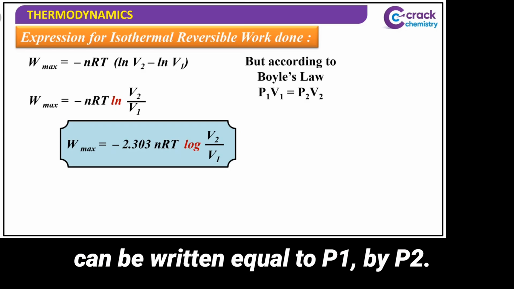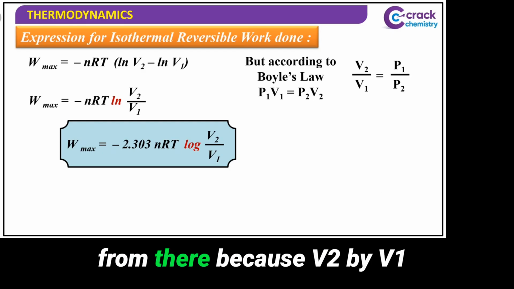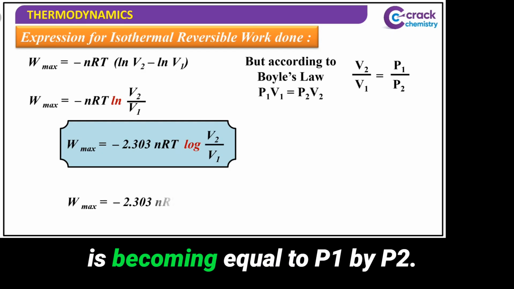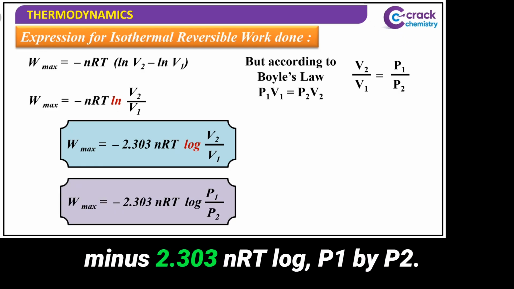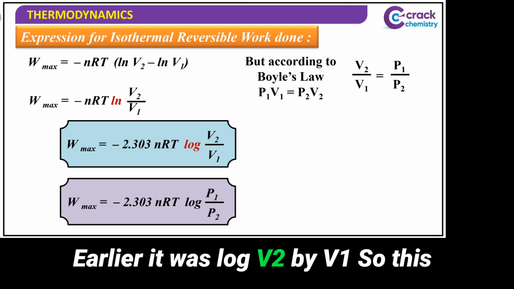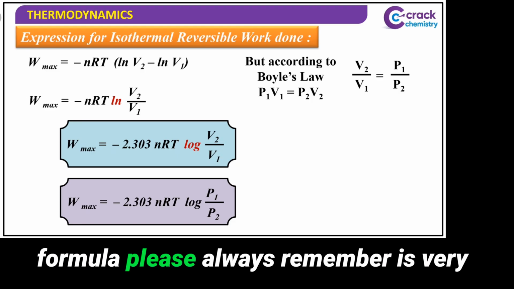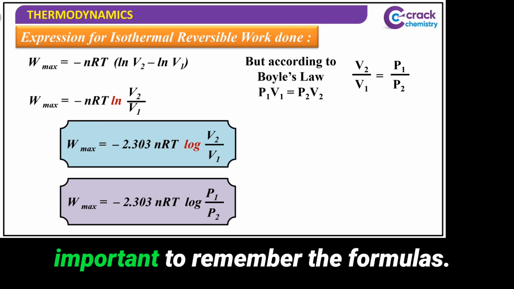Then V2 by V1 can be written as equal to P1 by P2. So the new formula has become minus 2.303 nRT log P1 by P2. Earlier it was log V2 by V1. So please always remember these formulas, it is very important.